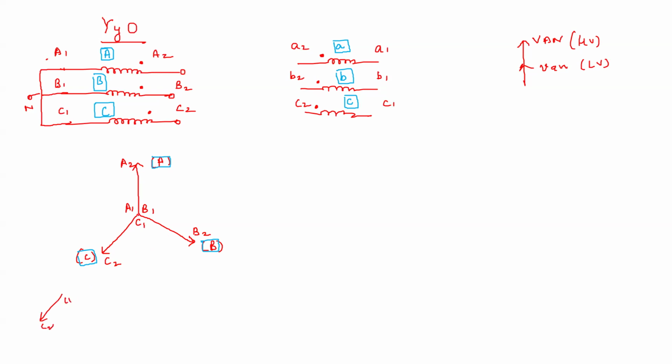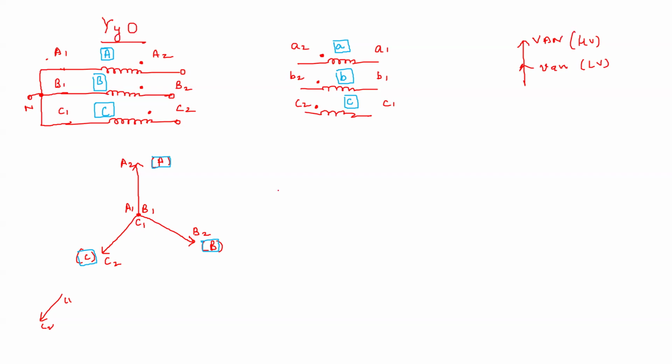You can see that at this point A1, B1, C1 are getting shorted, just like in the diagram. When I'm representing these windings as vectors, A2, A1, B1, B2, C1, C2, I have to draw it in such a way that A1, B1, C1 automatically get shorted, like in the picture.